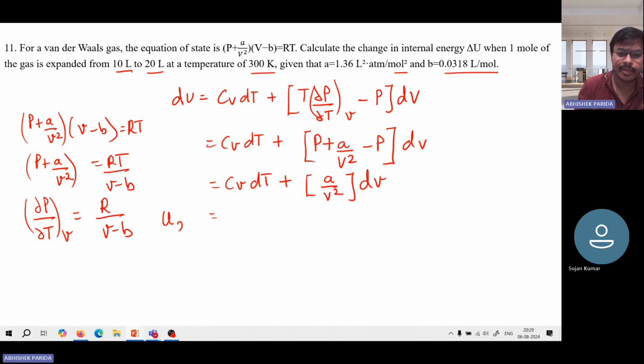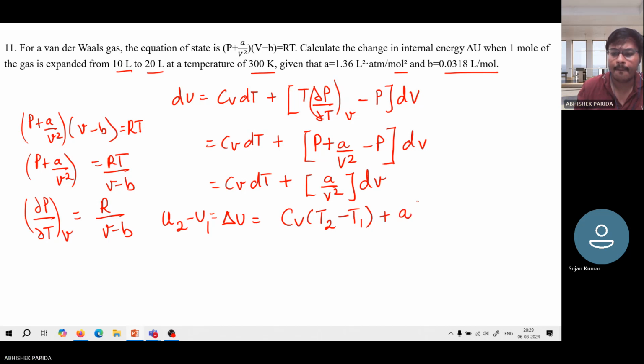Now integrate U2 minus U1, which is also equal to del U, is equal to CV into T2 minus T1 plus A into 1 by V2 minus 1 by V1.